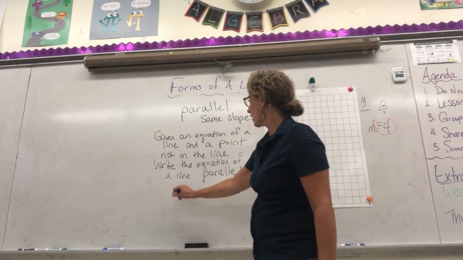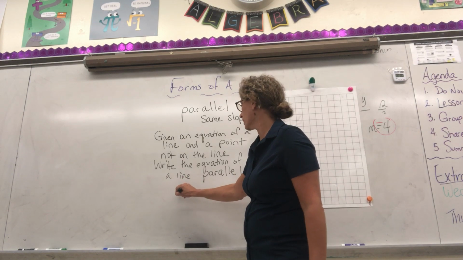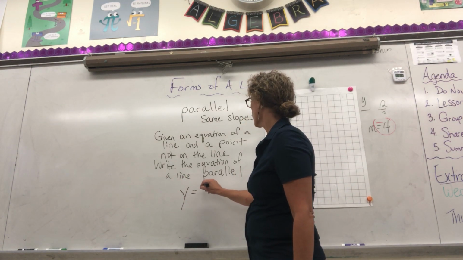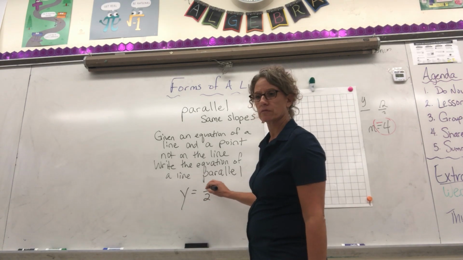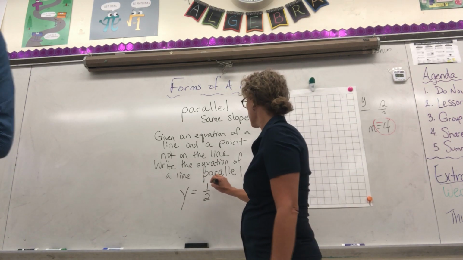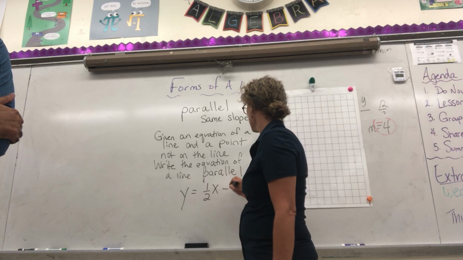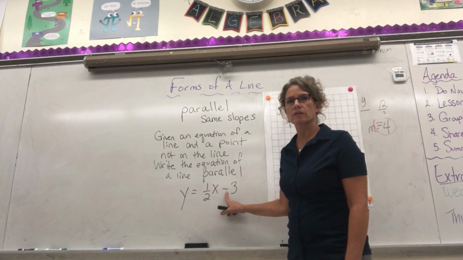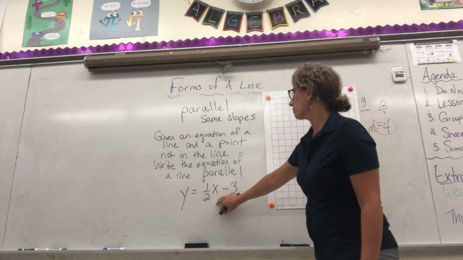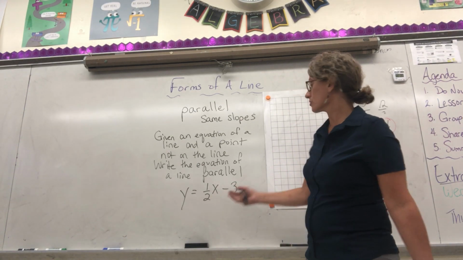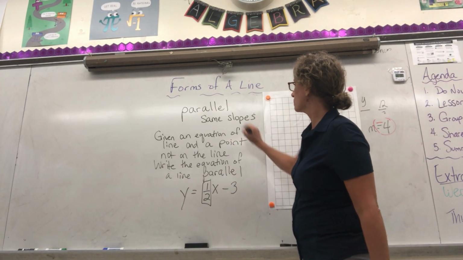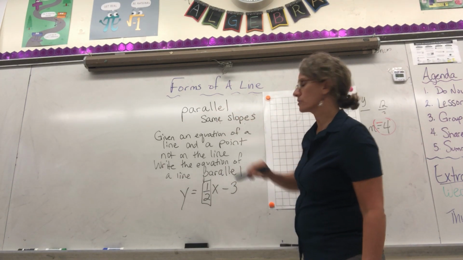Our original equation we'll say is y equals 1/2 x minus 3. Now, the minus 3 is really insignificant. The important part of this equation is the slope. I need to know that my slope is 1/2 because parallel lines have the same slopes.